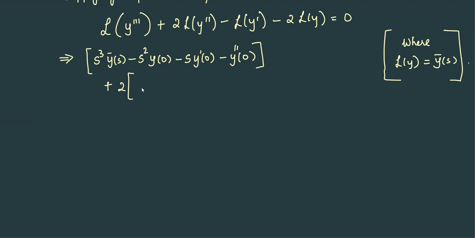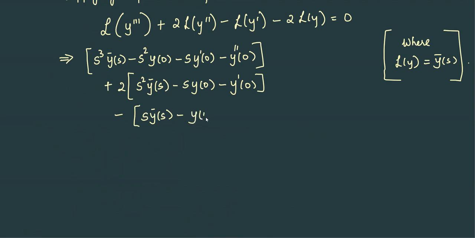This will be s square into y bar s minus s into y of 0 minus 1 into y dash 0. The next term, minus of s into y bar s minus y of 0. And the last is 2y bar.